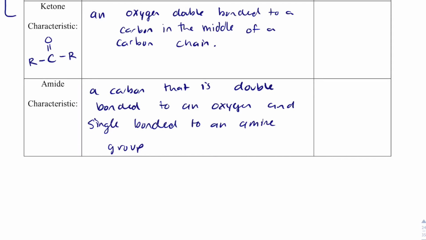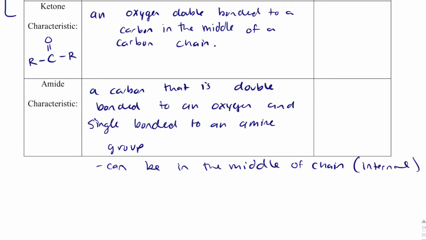And this can be in the middle of the chain, and that would be called an internal amide, or it can be at the end of the chain. And that would be called a terminal amide.